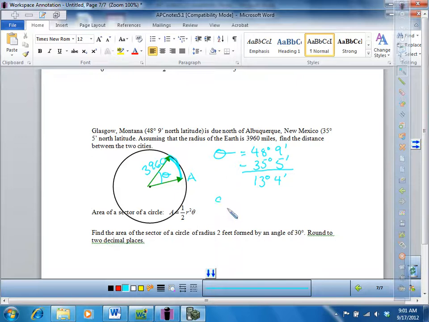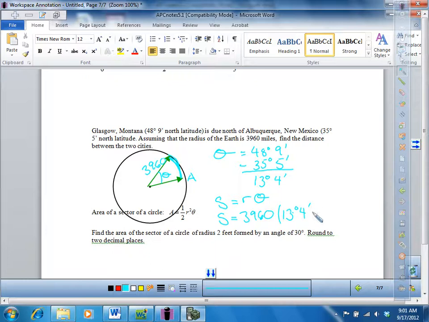So I'm going to use the arc length formula. S equals R theta. But this needs to be in radians. Okay, so I'm going to go S equals 3960, which is the radius of the Earth. Theta is 13 degrees, 4 minutes.